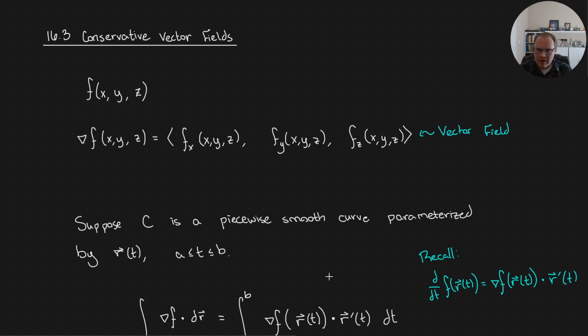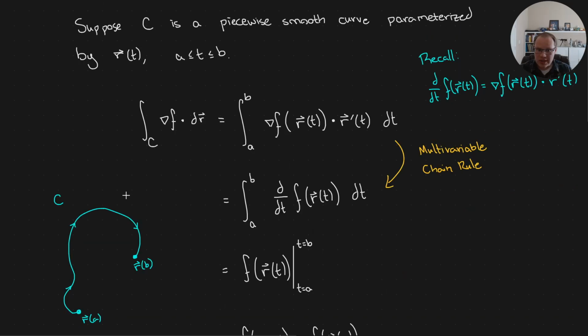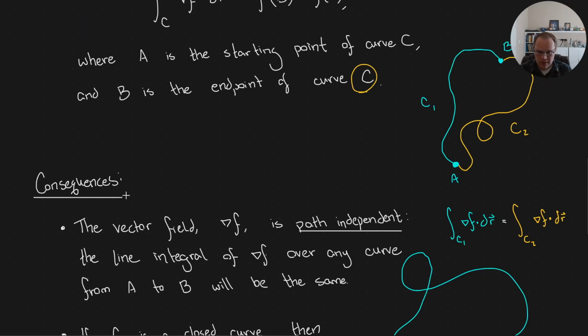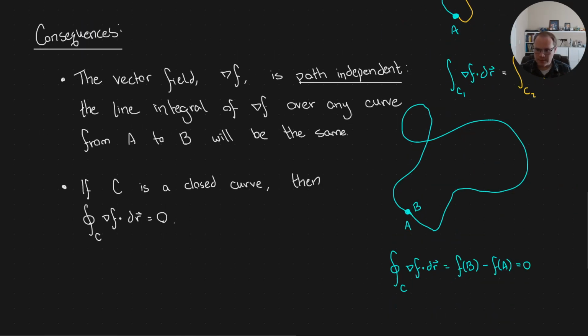So having our vector field be the gradient of a function leads to a lot of nice consequences. This idea of path independence for gradient vector fields is so useful. It's a natural question to ask, how can we tell if a vector field is path independent? Okay, so let's start off with the definition here. We're going to call vector fields that are path independent a special name.